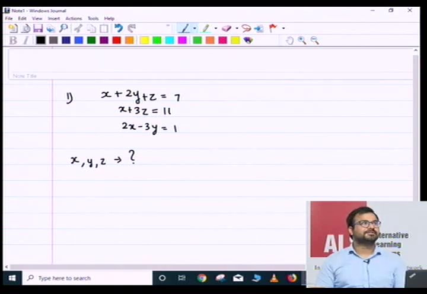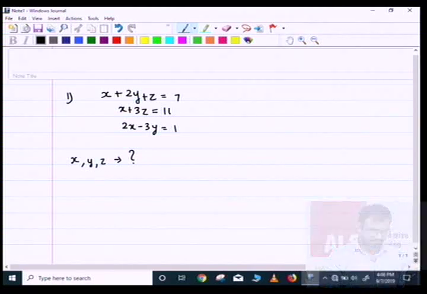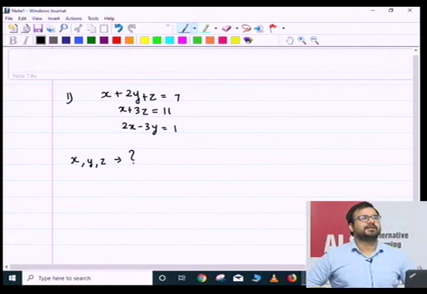Quickly solve this question. Tell me the answer. It is a linear equation in 2 variables, but right now it has 3 variables.